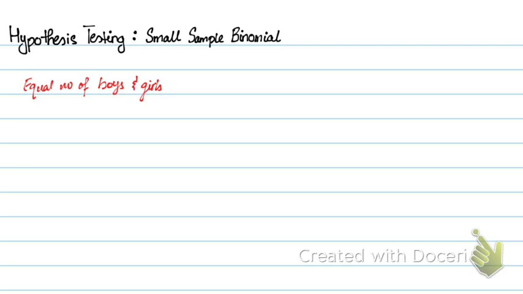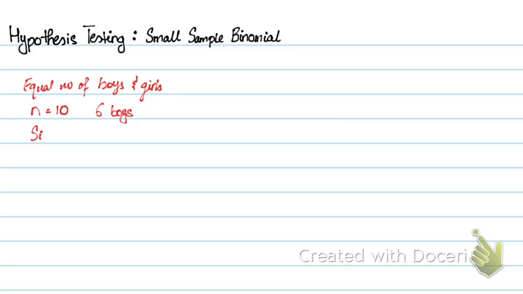He takes a sample of 10 children and observes that there are 6 boys out of those 10 children. Now he wants to test the claim at a 5% significance level.